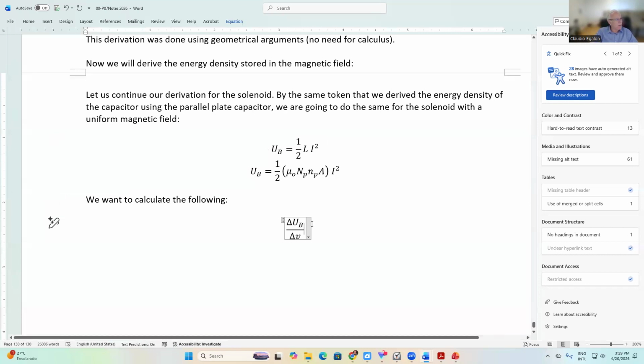Let's not lose that from our side. Delta V is going to be dependent on the area.